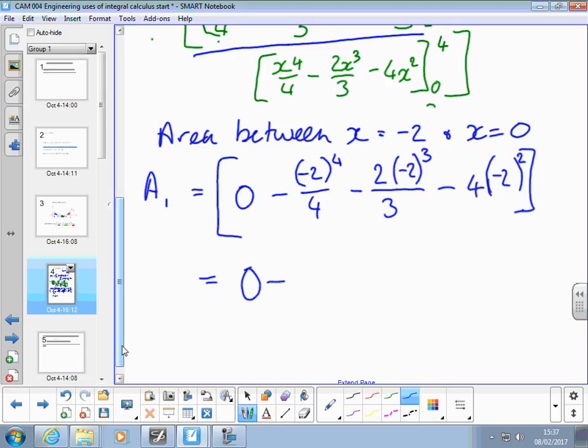Minus 2 to the power of 4 over 4 is? Must be 16 over 4. Is that not 4? Minus 2 to the power of 4 is 16, isn't it? I think that bit's 4.